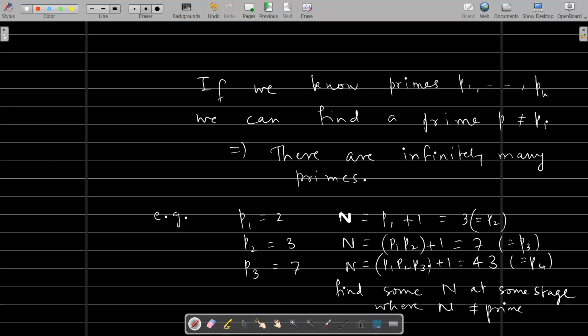And then in that case, you get some prime factor, and see that it will be different from the earlier ones. I think at the next step perhaps we get an n other than prime, like the product of 2, 3, 7, 43 plus 1. And that n won't be prime.